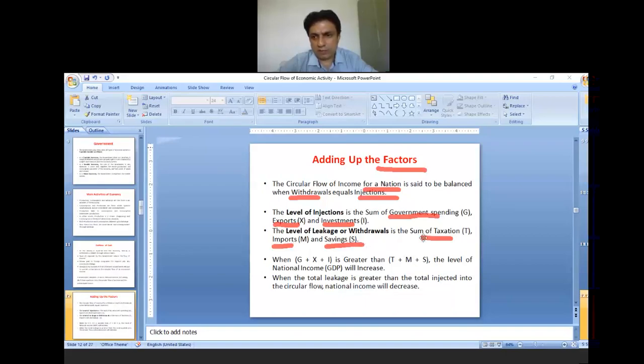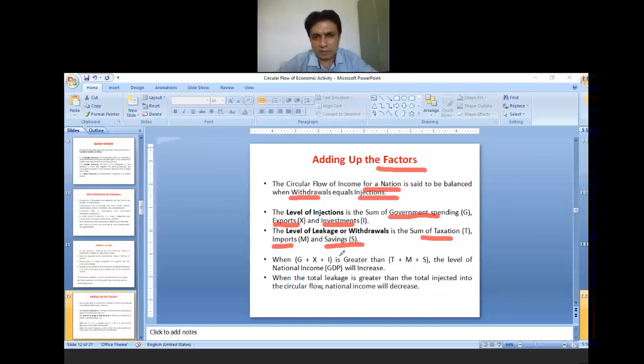These are the money which gets back to the government: consumers and businesses pay their taxes to the government, the import duties are paid by foreign companies to the government, and savings are also returned.